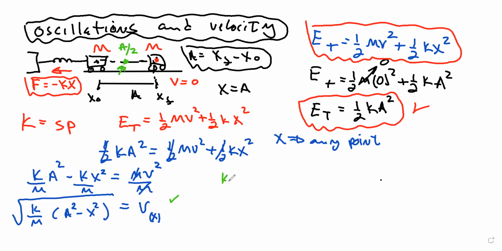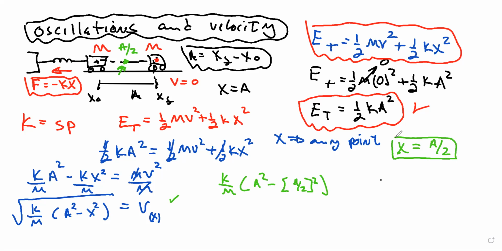We have k over m, and then we have A squared minus A over 2 squared, because that's where you want to find the velocity, x equal to A over 2. And then you get the square root of this, and that's going to give you your velocity.